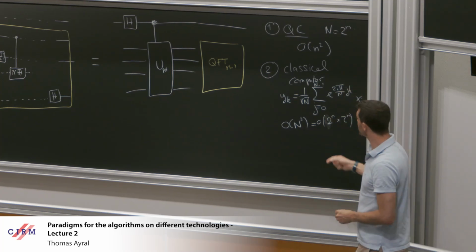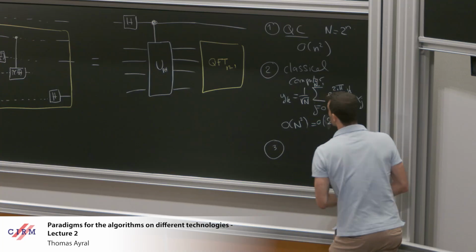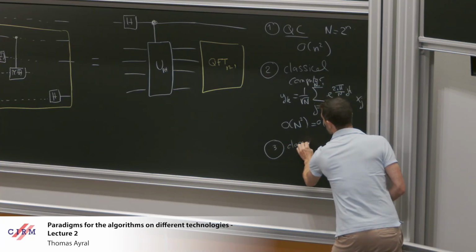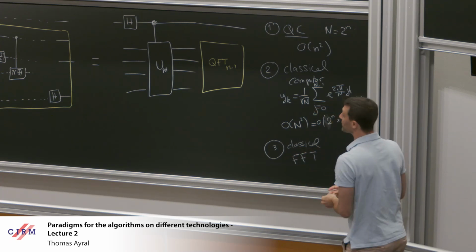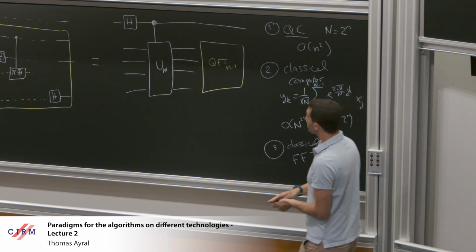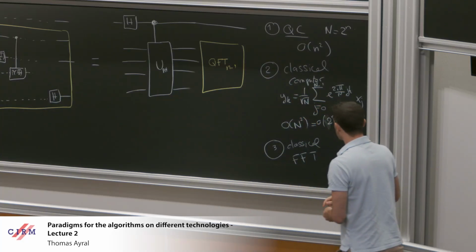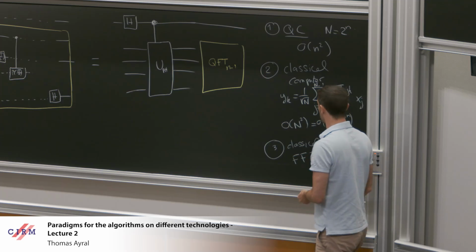But it turns out that people have come up in the past with a better way of doing this classically. So it's still a classical way of computing it. And it's called FFT, fast Fourier transform, and I want to convince you that with this circuit I can do the FFT on the classical computer and get the scaling that people know in fast Fourier transform.